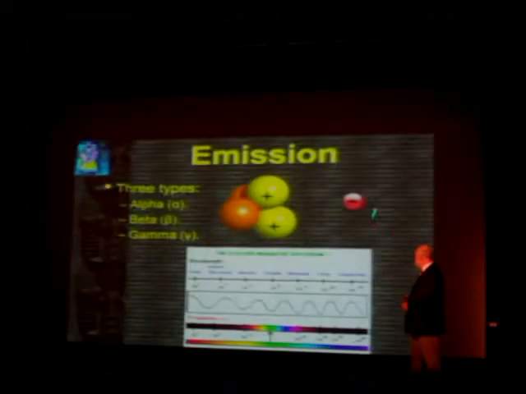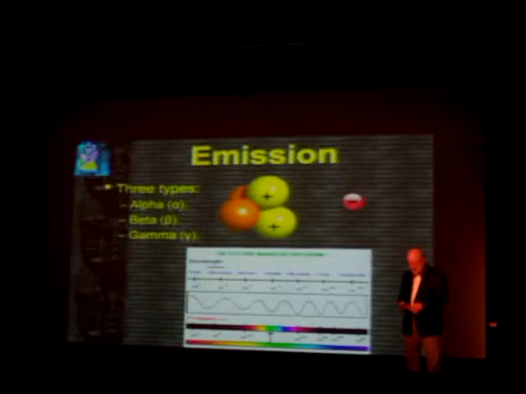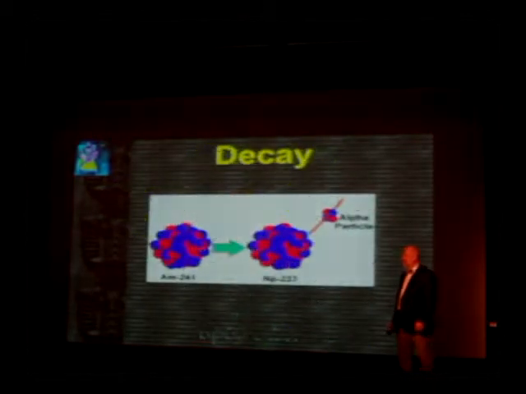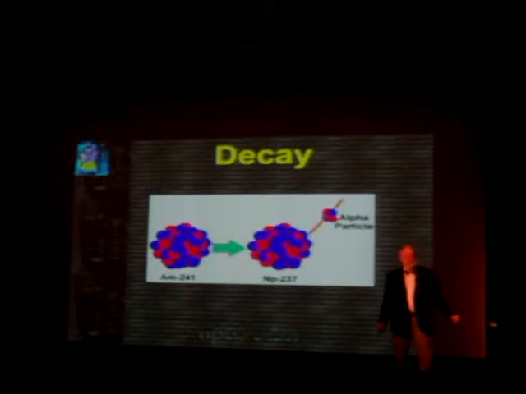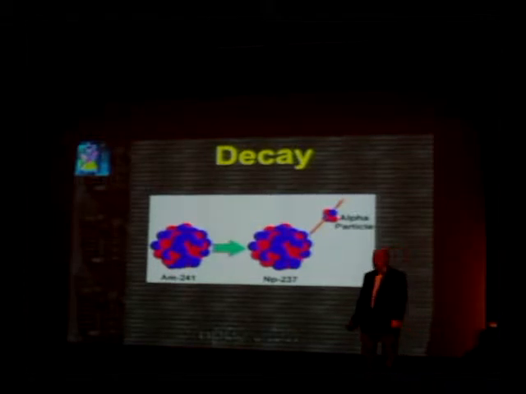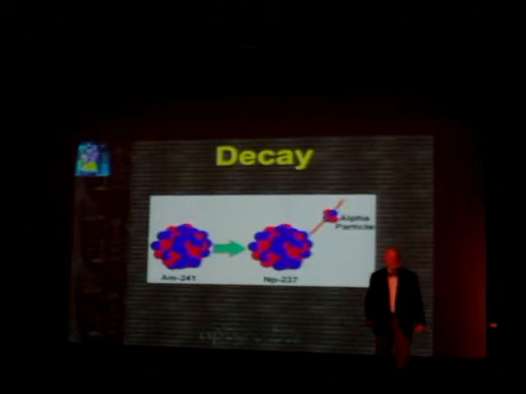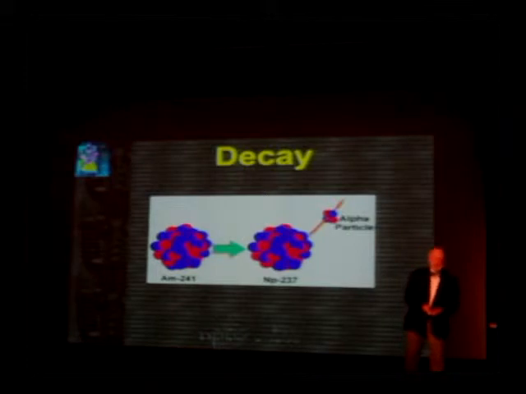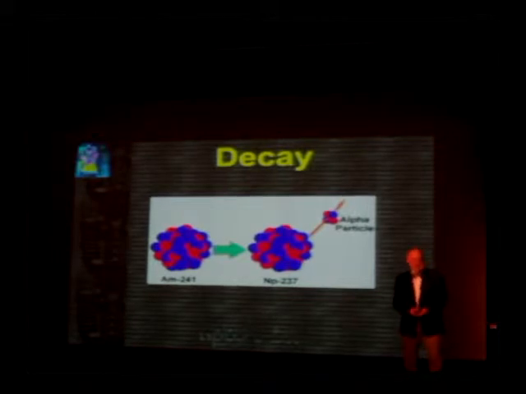Shown here is an alpha particle and an electron, and the gamma is simply electromagnetic radiation. So, alpha decay. Americium changing to neptunium here, emitting an alpha particle, highly energetic, massive in terms of nuclear particles. It's very heavy relative to an electron, meaning it doesn't travel very far in air.